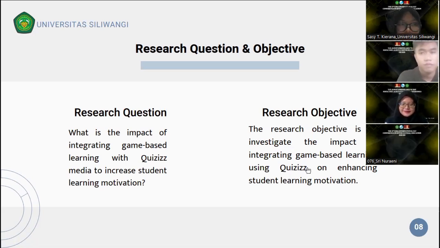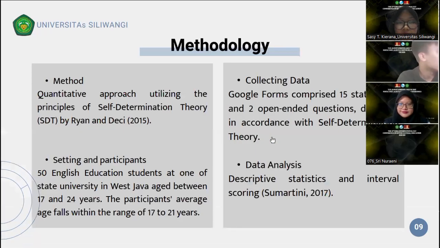And for the method, we have adopted a qualitative approach for our study, rooted in the principle of self-determination theory, or SDT, as proposed by Ryan and Desi in 2015. Our study involves 15 English education students from a state university in West Java.